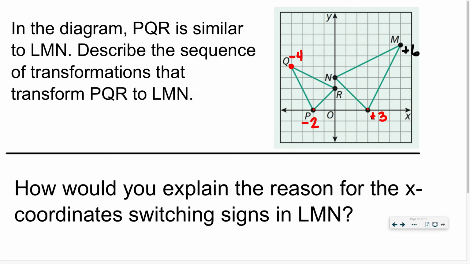Why did the x-coordinate change from a negative to a positive? Because it reflected. Be more specific there. Is it, no matter what reflection I do, will it always go from a -x to a +x? No. What is it about this reflection that made it a -x to a +x? That it flipped over the y.